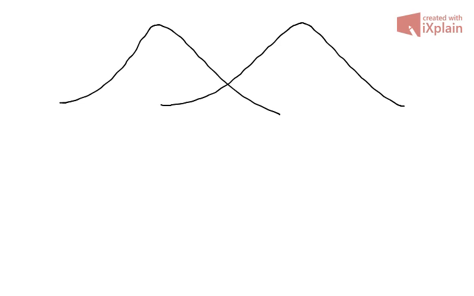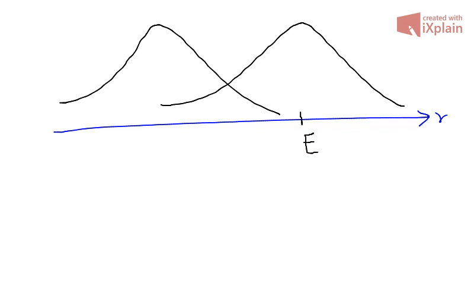Based on the knowledge of our likelihood function, this is E, this is minus E, and this is the value of R which we received, and this is our gamma, right? This is our gamma.